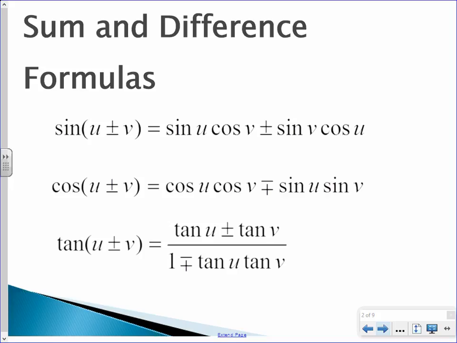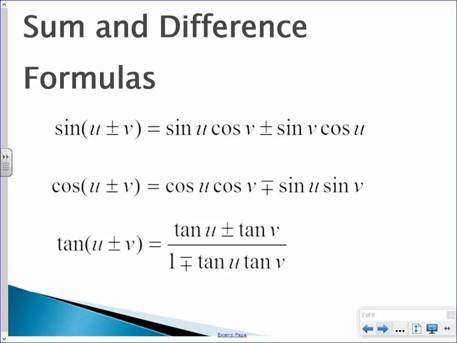formulas up here, okay? I want to point a couple things out, and then you can sit back and relax while I go through a proof, okay? So I squished six formulas into three. What this means is the sine of u plus v is sine u cosine v plus sine v cosine u.